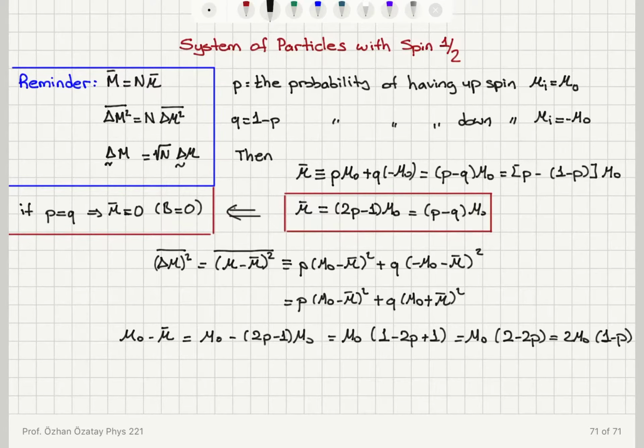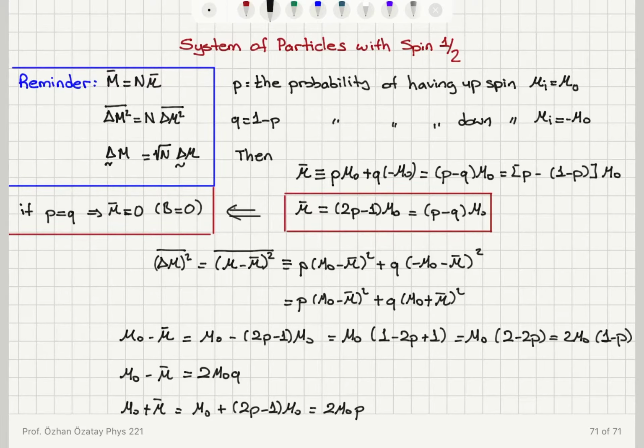So I would find that mu 0 minus mu bar should be equal to 2 mu 0 q. And for mu 0 plus mu bar, I will have mu 0 plus (2p minus 1) mu 0. So it will give me at the end 2 mu 0 times p.